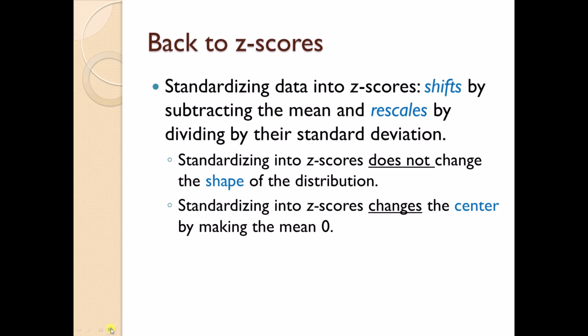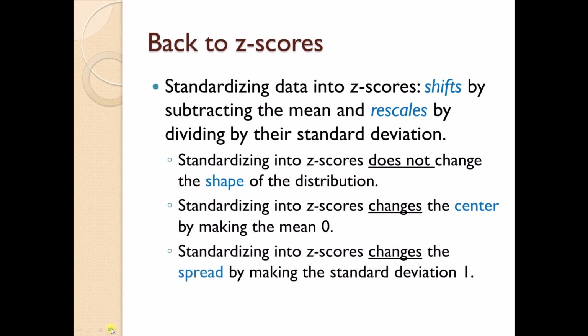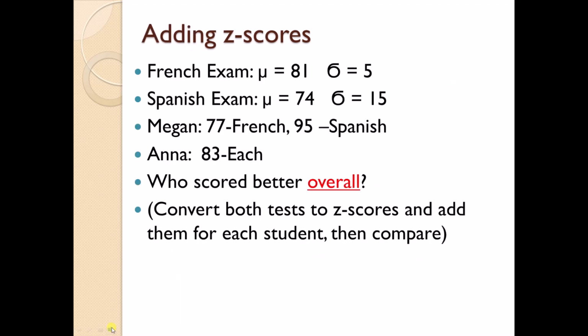But it's not 0. Standardizing into z-scores changes the spread by making the standard deviation 1. We're going to see this especially when we go into normal curves, but it works for any curve.